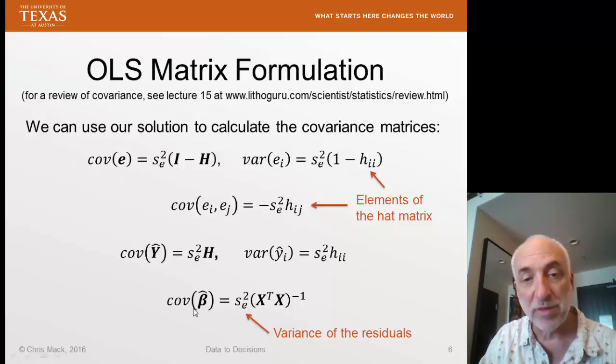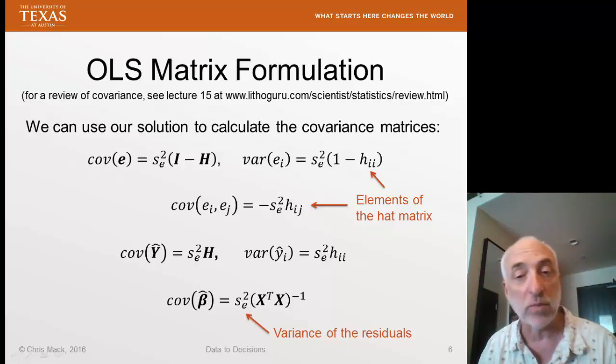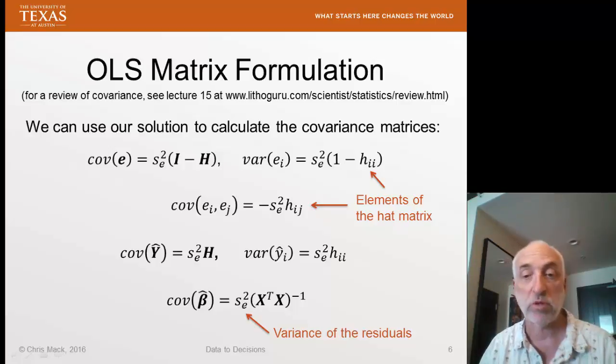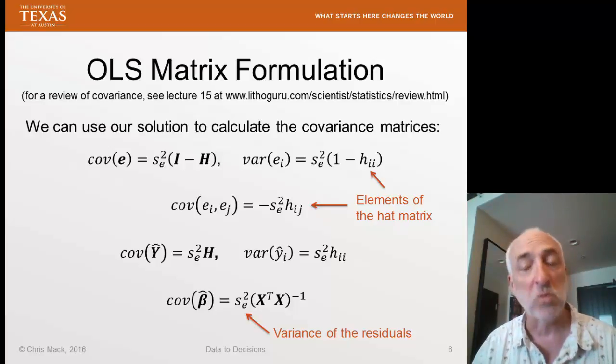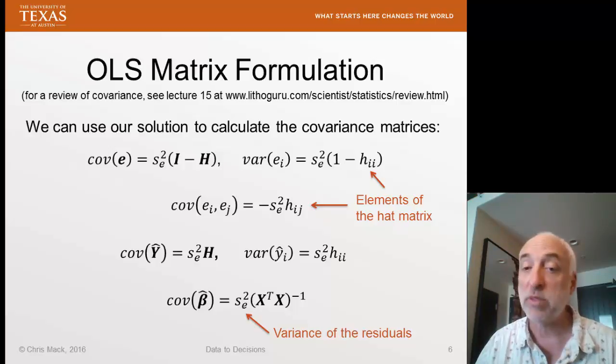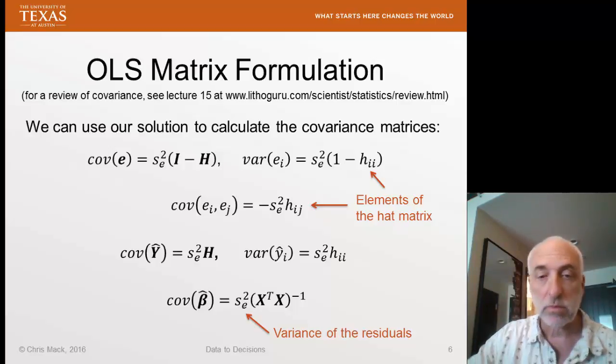The covariance, and this is maybe the most important part, the covariance of the estimates of each of the model parameters also is proportional to the variance of the residuals. We would like our uncertainty in our estimates of each of these parameters to be small. And that will only be true if the variance of the residuals is small.